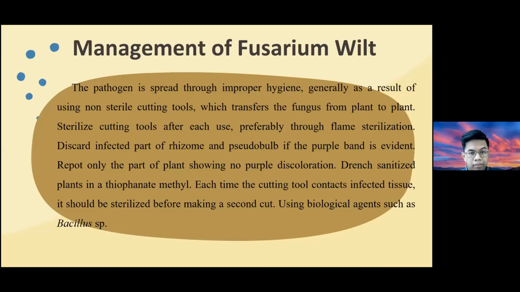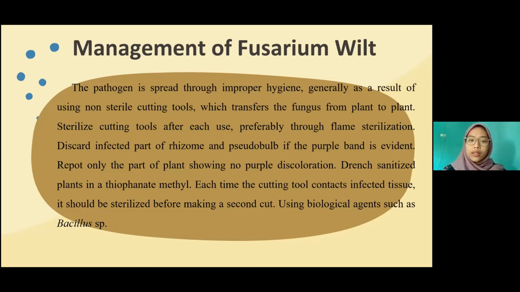And then I want to explain about the management of Fusarium wilt. The pathogen is spread through improper hygiene, generally as a result of using non-sterile cutting tools, which transfer the fungus from plant to plant. Sterilize cutting tools after use, invariably through flame sterilization. Discard infected parts of rhizome and pseudobulb if a purple band is evident.